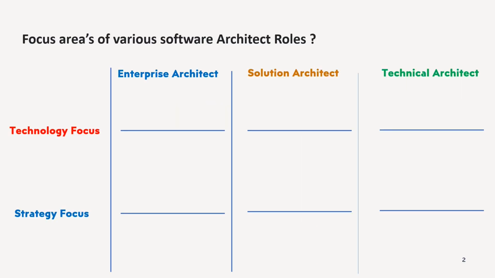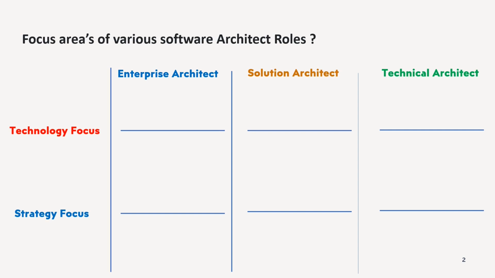So, if you want to understand what these roles, enterprise architect, solutions architect, technical architect, perform, there are various parameters by which we can compare and contrast. But I think if you compare the technology focus and the strategy focus for these three roles, it is very easy to understand what they are doing.